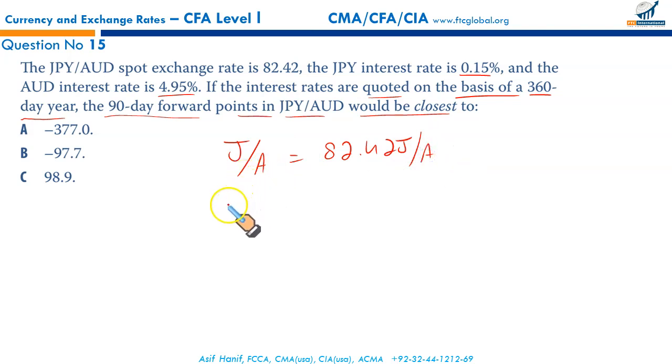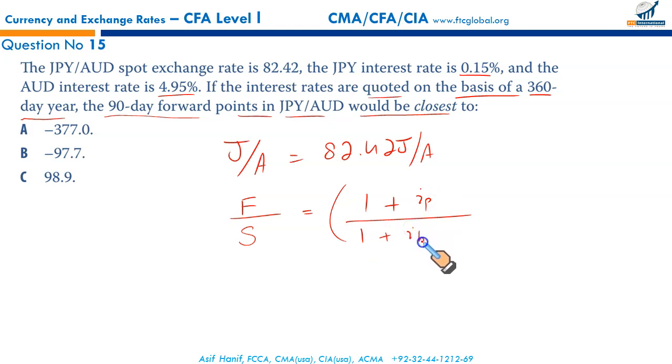Use the formula we just used in the previous slide. Forward upon spot is equal to 1 plus interest rate in the price currency over 1 plus interest rate in the base currency. Now let us first determine these. Don't forget, we already have the spot, that is 82.42. We need to find the forward, and let us first find the interest rate in the price currency.